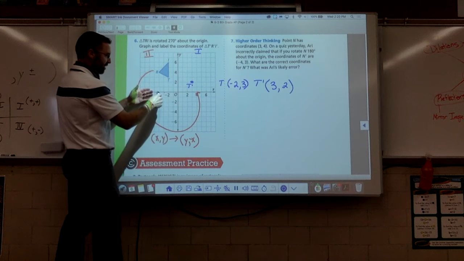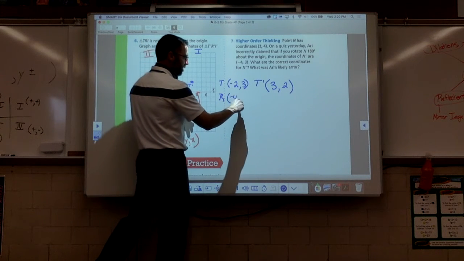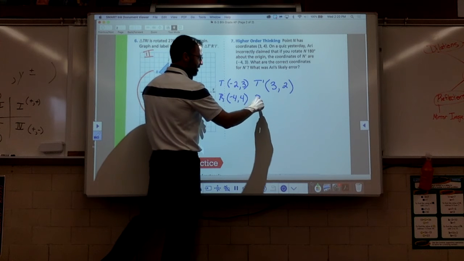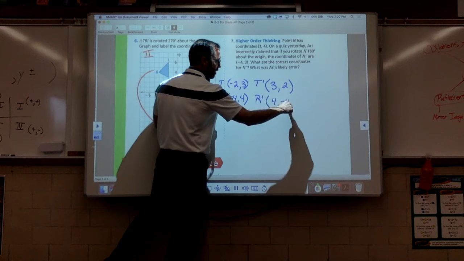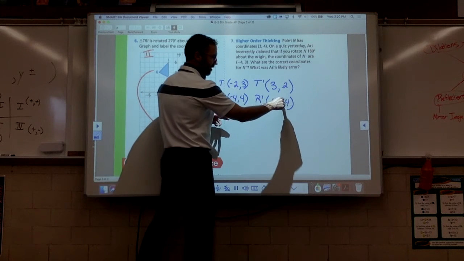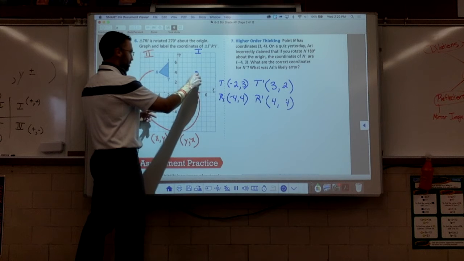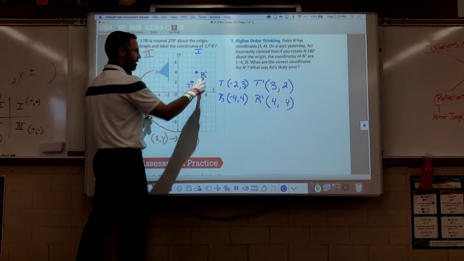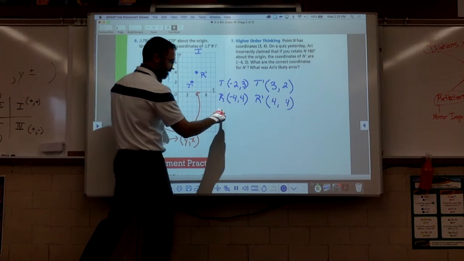R, which is originally -4, 4. The image of R. Put it in the tumble machine, 4, -4. Take the opposite of this number. Boom. Now it's going to be at 4, 4. There we go. There's the image of R. Last one is I, which is -2, 6.